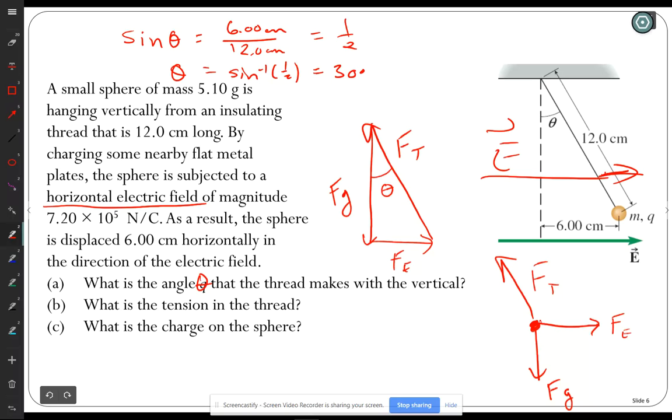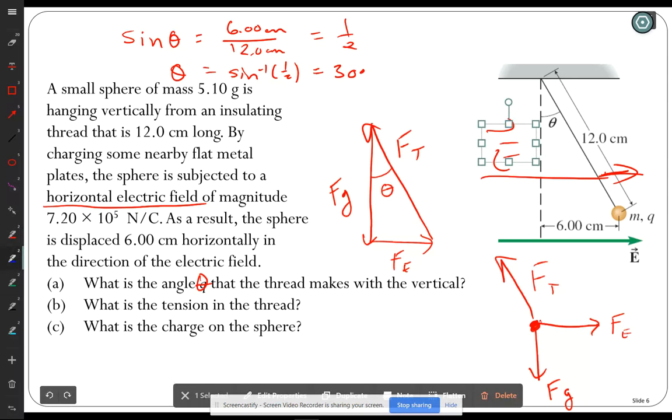And so Nathan said, let's relate force of gravity with the force of tension. So that's adjacent and hypotenuse. What trigonometric function is adjacent and hypotenuse? Cosine. So I'd have cosine of theta is equal to force of gravity over the force of tension.